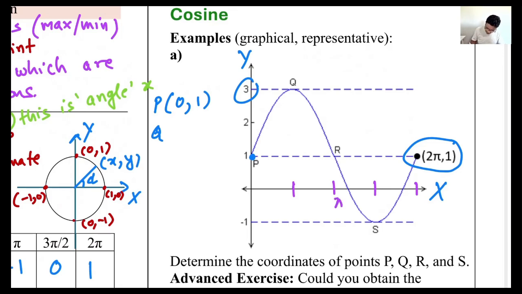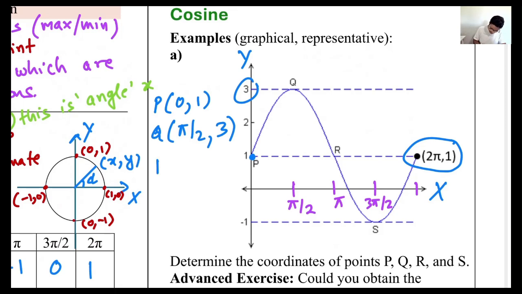So we must be having a pi here. And that means this one must be pi over 2, and here we should be having 3 pi over 2. So Q seems to correspond to pi over 2 on the horizontal axis and 3 on the vertical axis.